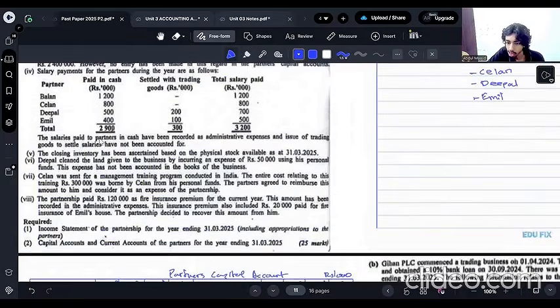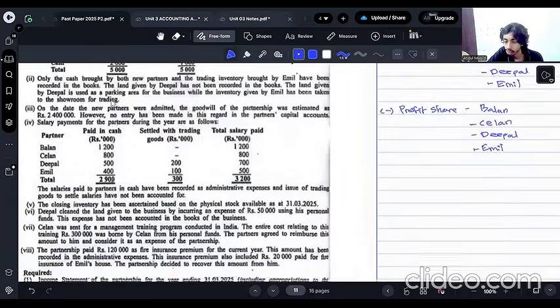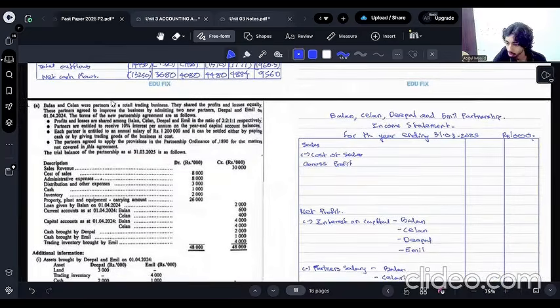The salary paid to the partners in cash has been recorded as admin expense, and issue of trading goods to settle salary has not been accounted for. Now, the salaries paid in cash to the partners have been recorded as an administrative expense. Then what you have to do, here in the trial balance you can see admin expense is given as 8,000.